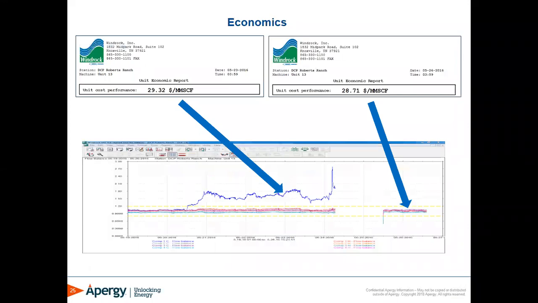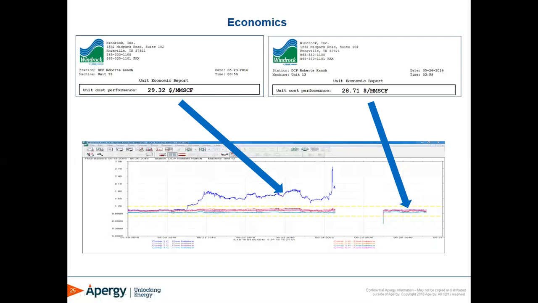Within Windrock MD, we have our economics report. This is showing the report from 2 different time periods. One with the leak, unit cost was about $29.32 per million standard cubic feet.